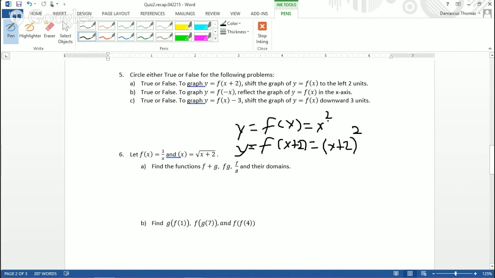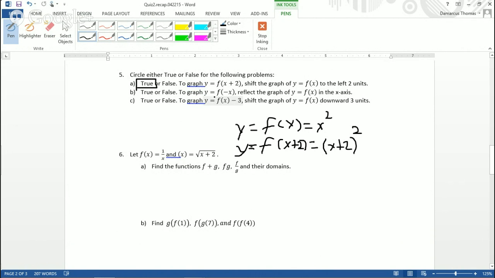And so if I have this one, I could just graph this one immediately just by moving it over to the left twice. Now, when you have a positive 2, you'd have to plug in a negative 2 in order to get it back to 0. So in fact, the coordinate pair negative 2, comma 0 is the vertex point, and that's where the graph would begin. And so the first one is true.